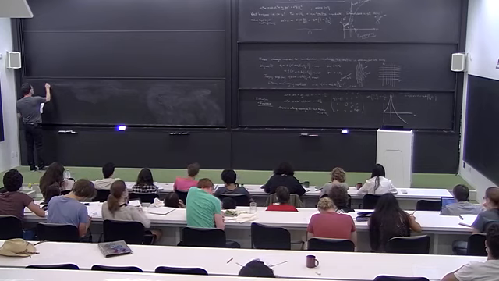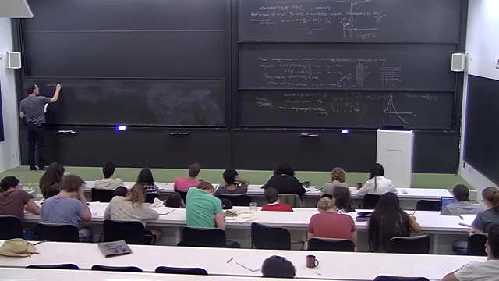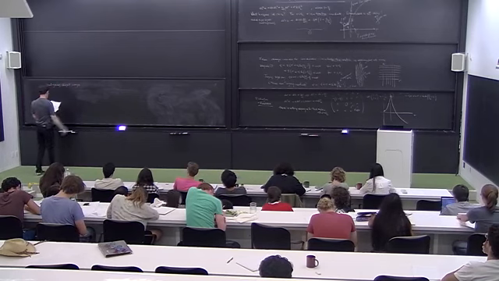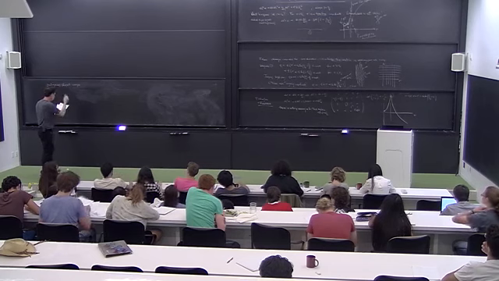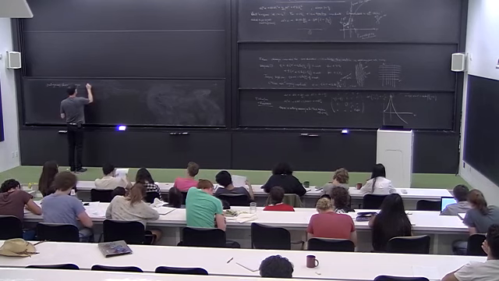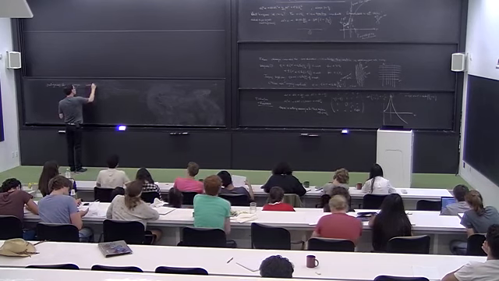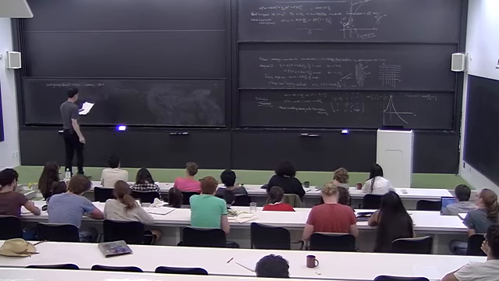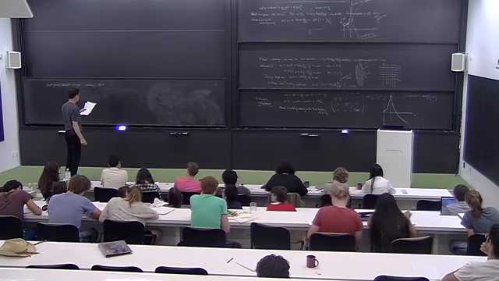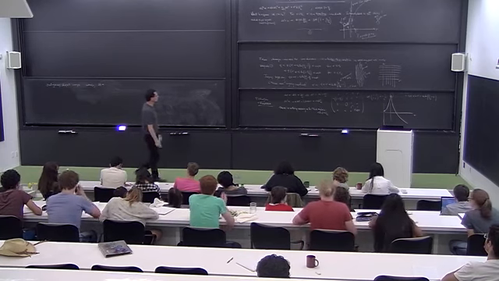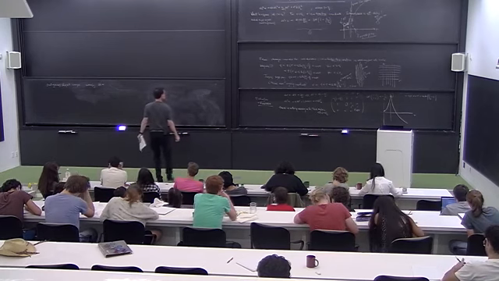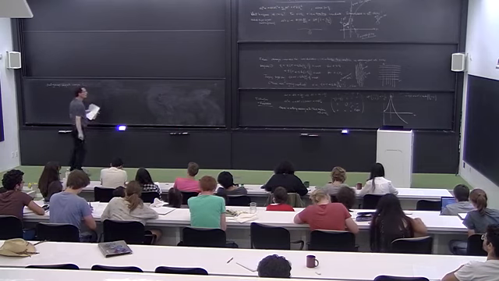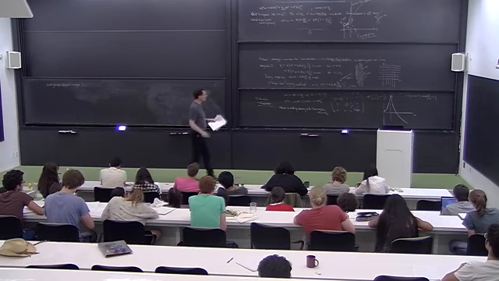So outgoing signals, light rays, satisfy dt... well, let me just say it this way. For ingoing light rays, this quantity v was constant.